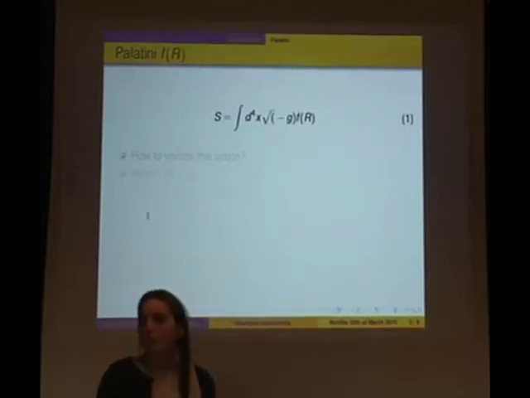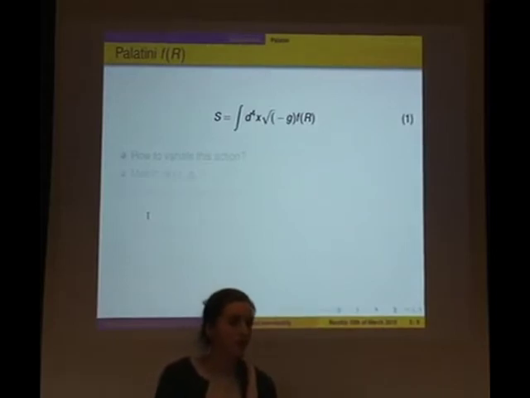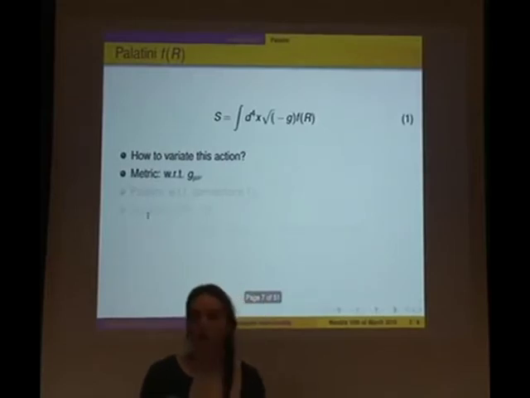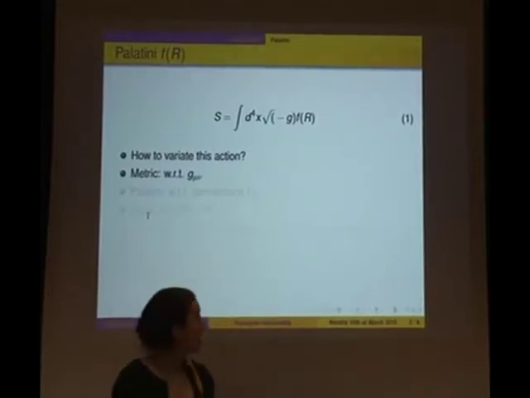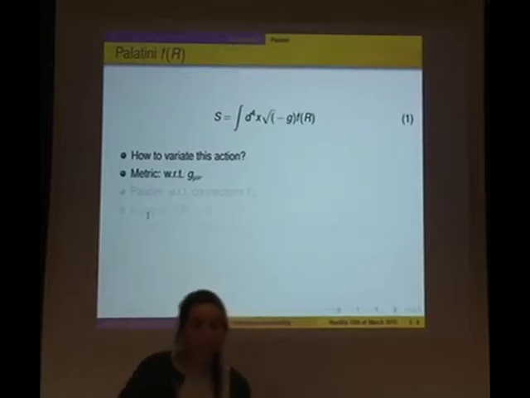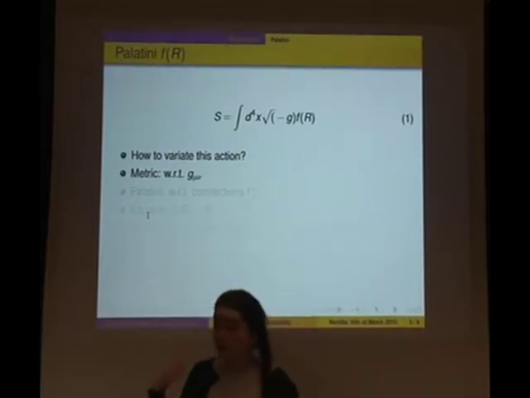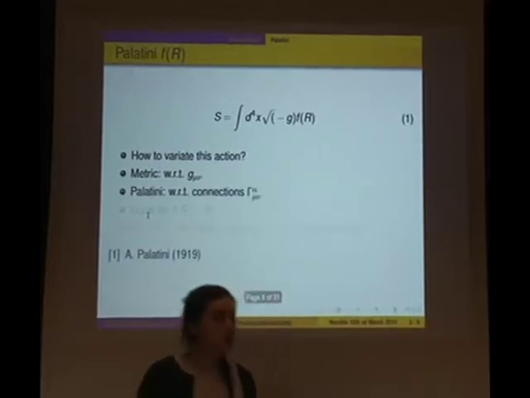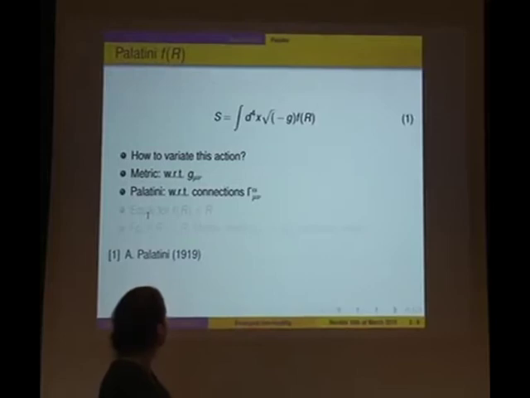So the motivation, the starting point for this, is that there are alternative variational principles. Let's say you have an f of R action like this, and you can ask yourself, how do you vary this? Of course, you can do the usual thing and just do the metric variation, where g_mu nu is your usual metric. But when you have just normal GR, not f of R, you get the exact same equations when performing the variations instead with respect to your connections.